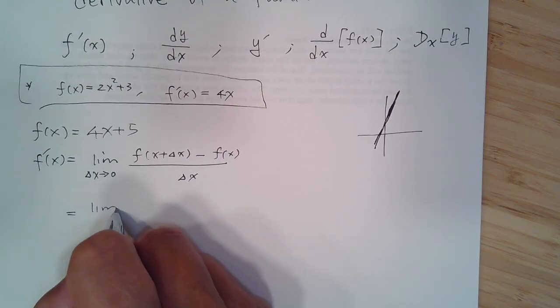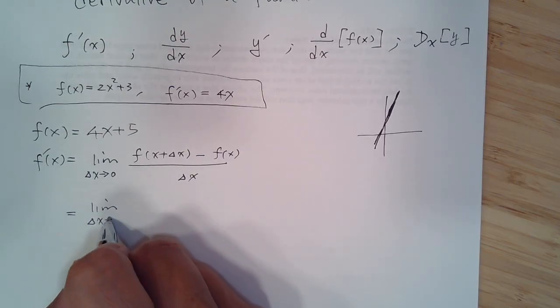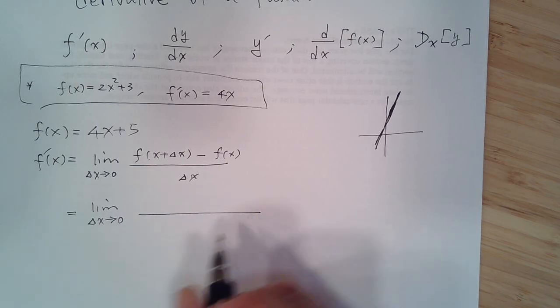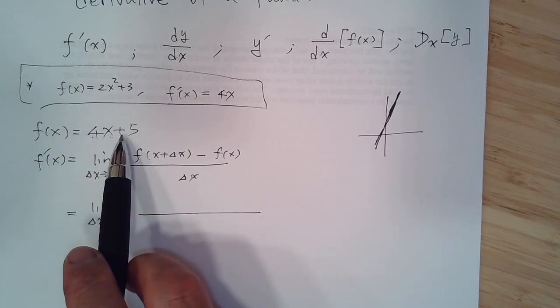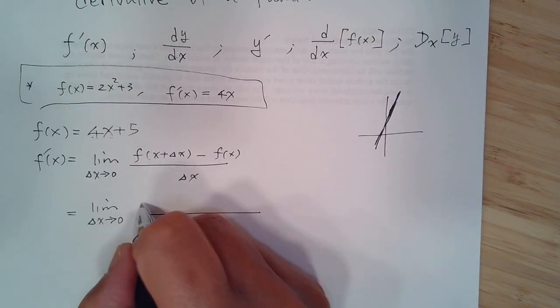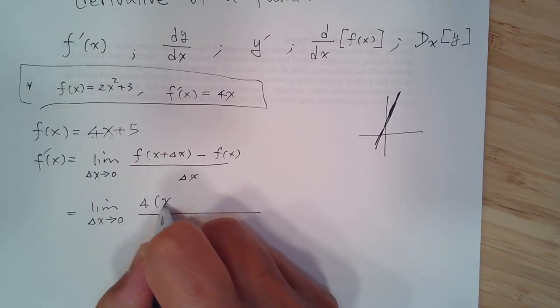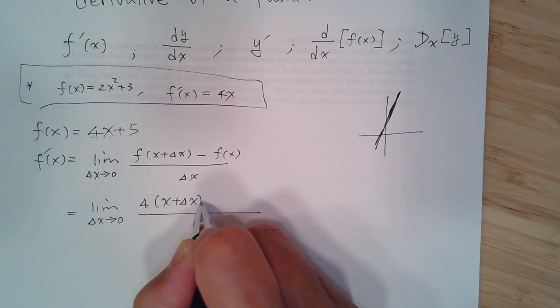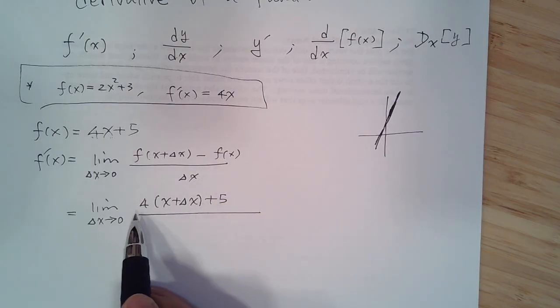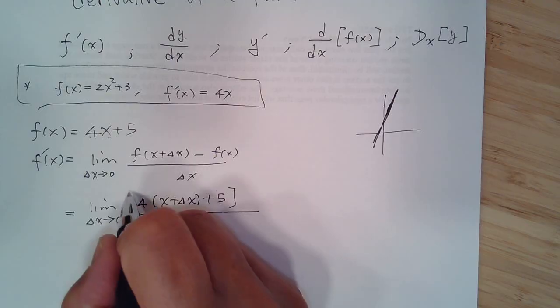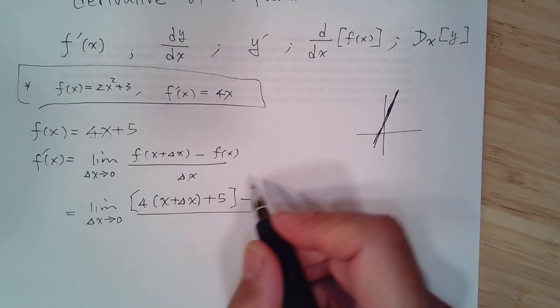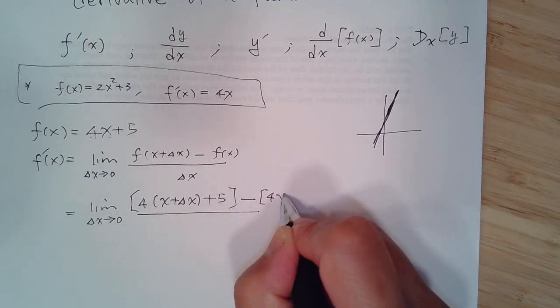I have the limit as delta x approaches 0, and in the numerator, f of x is 4 times x plus 5. So f of this guy is going to be 4 times x plus delta x plus 5. This is this part, right? And I'm going to minus f of x, which is just 4x plus 5.